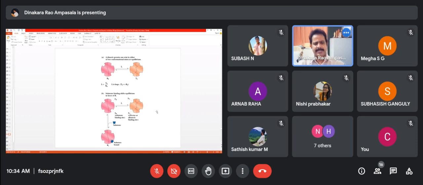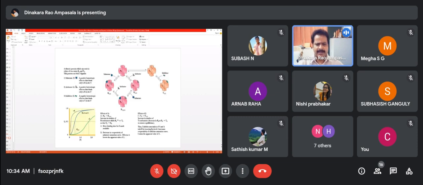The substrate binding site and activator binding site are different. If the enzyme interacts with the activator, it will interact more with substrate and give more product. If an inhibitor is there, the inhibitor will bind and it will not interact with the substrate. So you can see a more sigmoidal curve with inhibitor, and a hyperbola curve with activator.